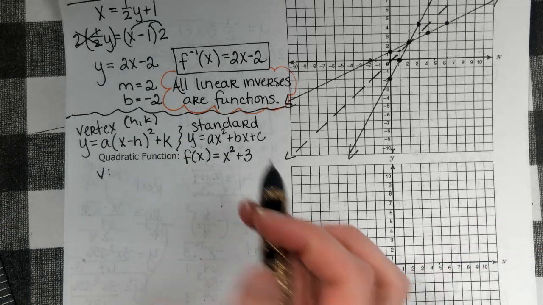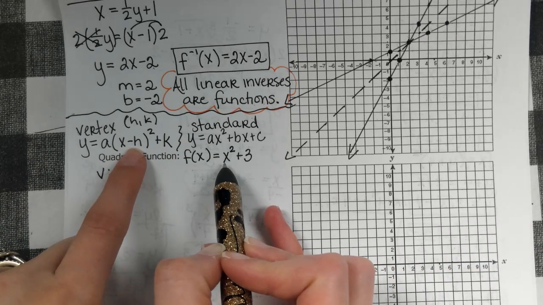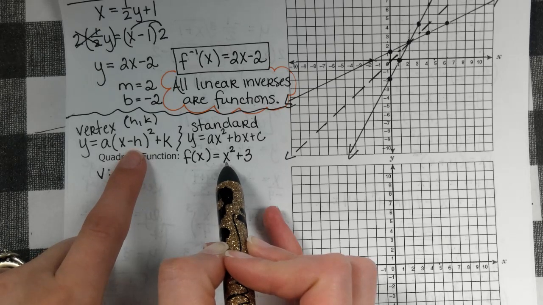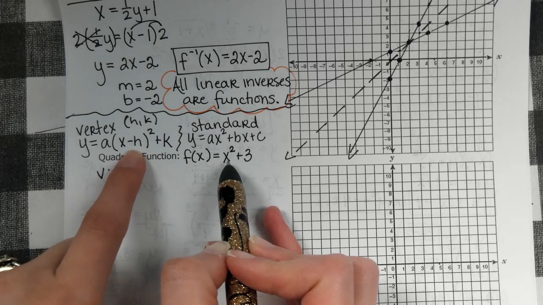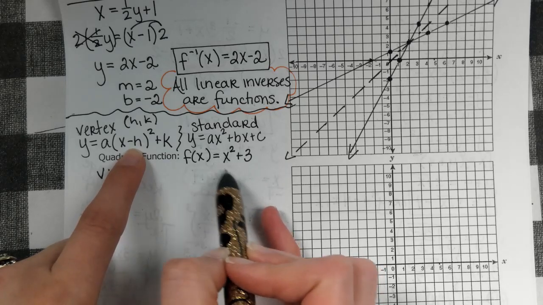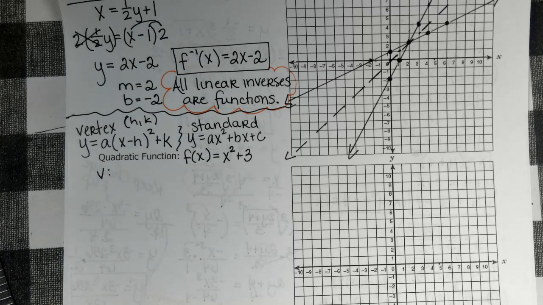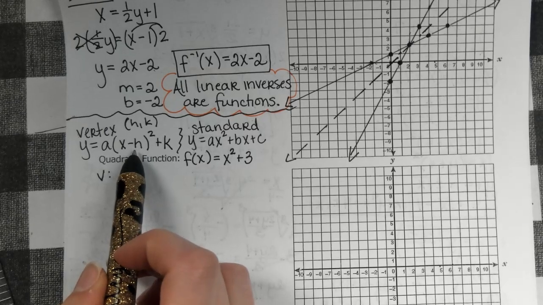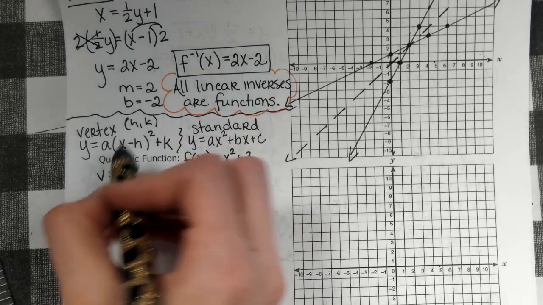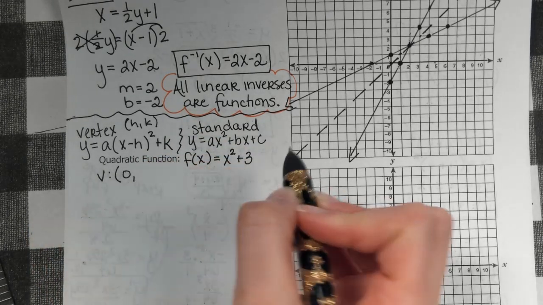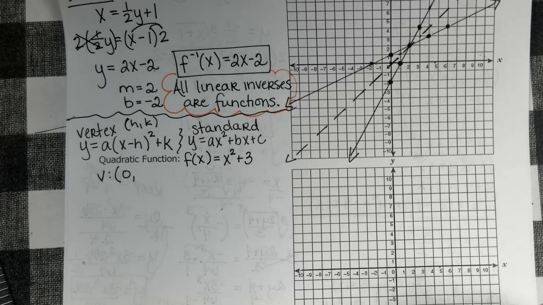So if I have x squared plus 3, what could my vertex be? I don't have parentheses. So what would that x value of the vertex be? What could I be adding or subtracting that won't change this? If I had a 1, it would be x plus or minus 1, right? If I don't have anything there to add or subtract, what is that? A 0. So this would be 0, and then what's the y value of my vertex?